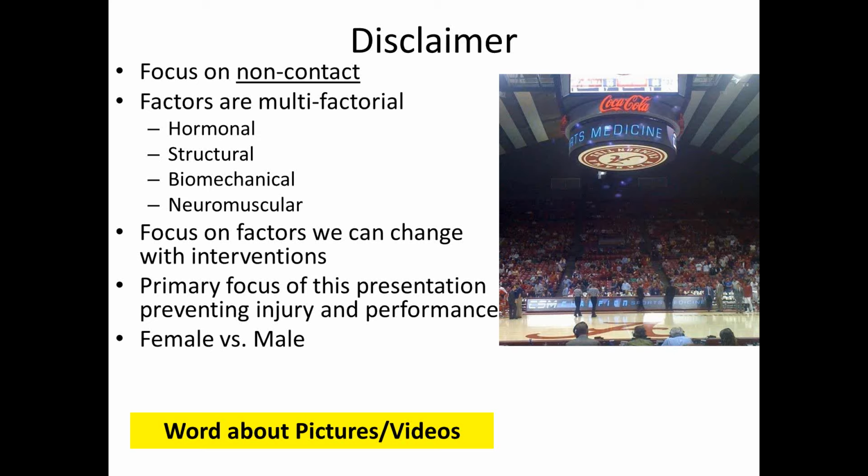We also know that 20% of those who suffer an ACL reconstruction will have a second ACL reconstruction in 2 years. So this is a very prominent issue, and it's the primary reason that we focus on the ACL.